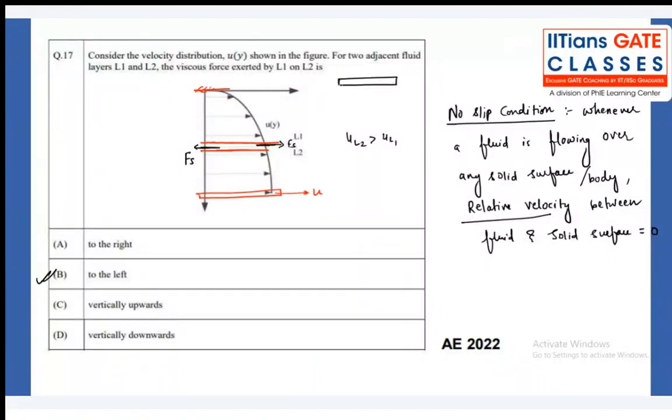See, we have two fluid particles, L1 and L2. Tell me where exactly the direction of motion is. The direction of motion is towards the right, by looking at the picture, this is the velocity profile, right?